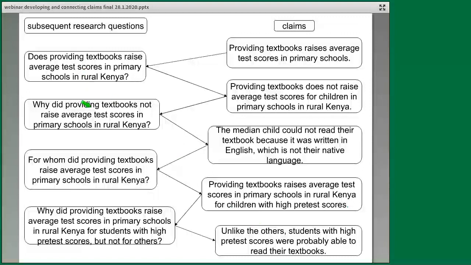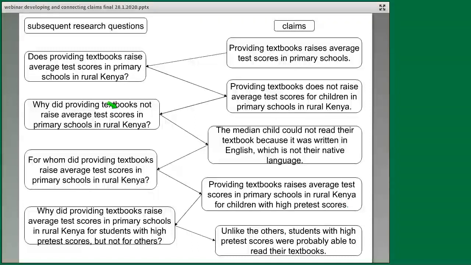Now, none of these questions, one could say, is really from the beginning leading the mixed method study. It's rather the case that they are formulated based on what the researchers found. So they found providing textbooks did not raise average test scores, and they asked themselves why.